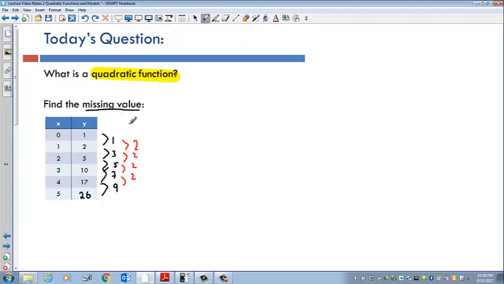So if we think about what a quadratic function really is, a quadratic function is something that has what's called a linear rate of change. Now remember, when we talked about linear functions, let me do a real quick example here.